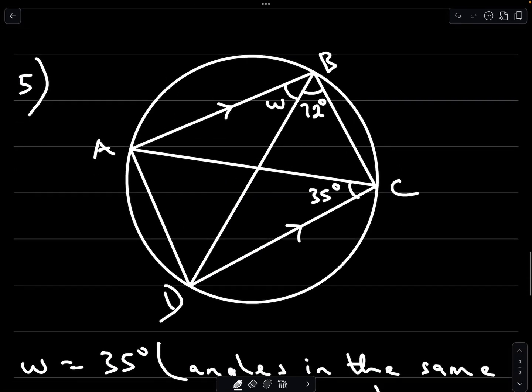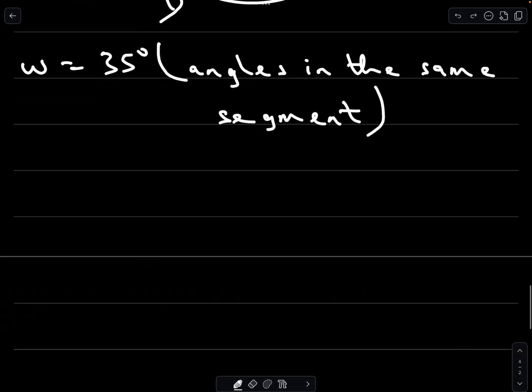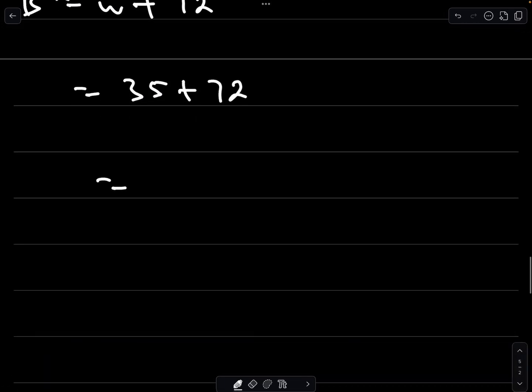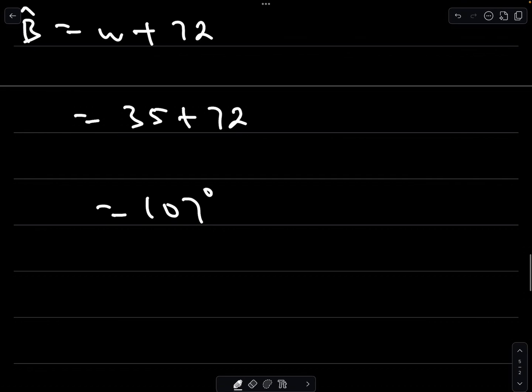Now, since I know W, I can find the whole of angle B. The whole of angle B is going to be W plus 72. So angle B is equal to W plus 72, which is 35 plus 72, and that's equal to 107 degrees. So that's the first angle.